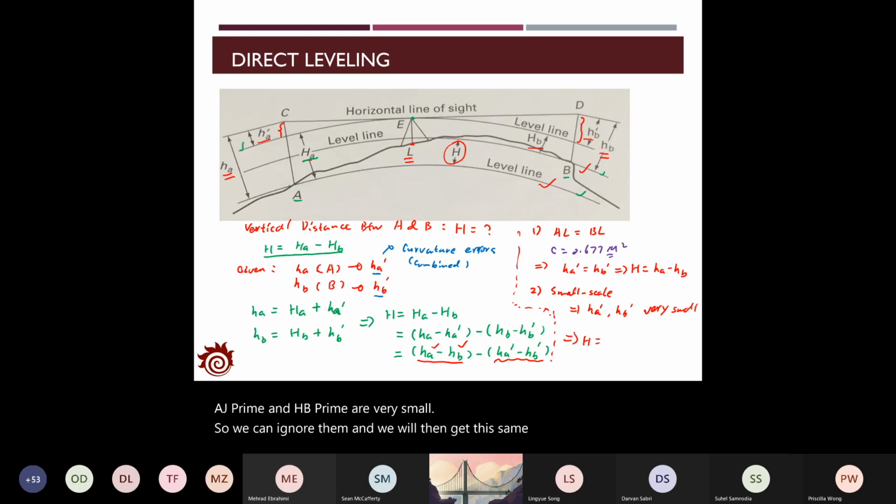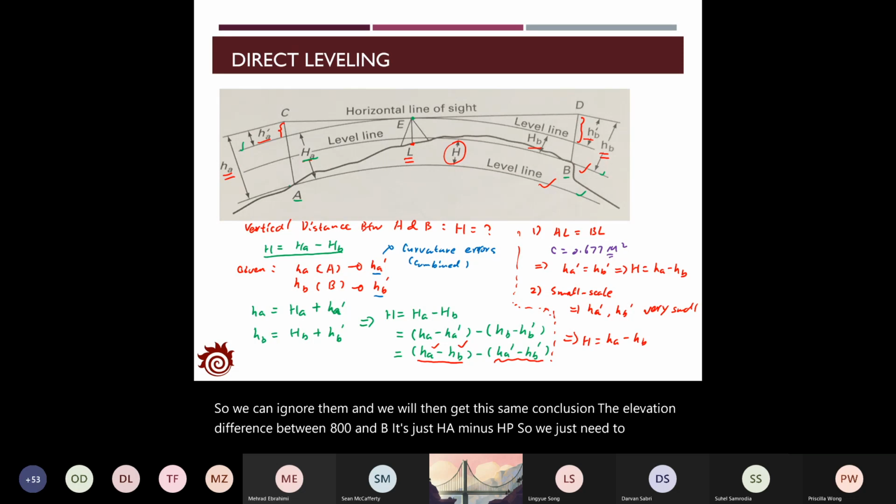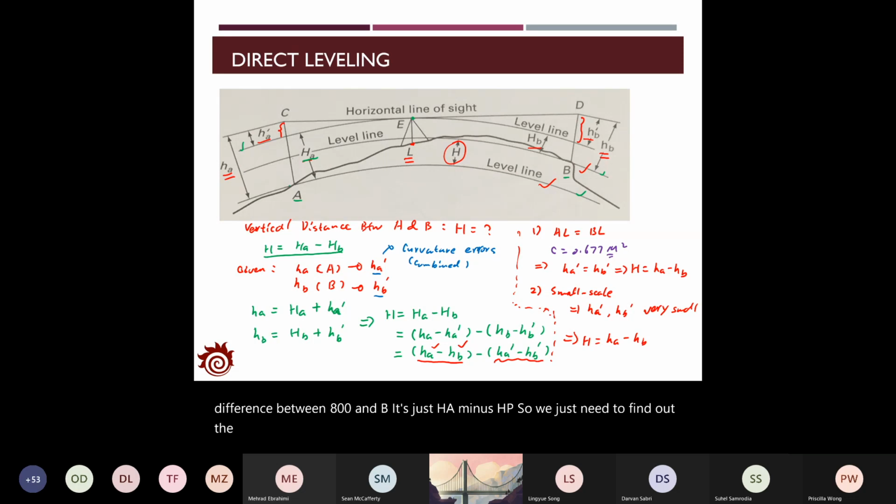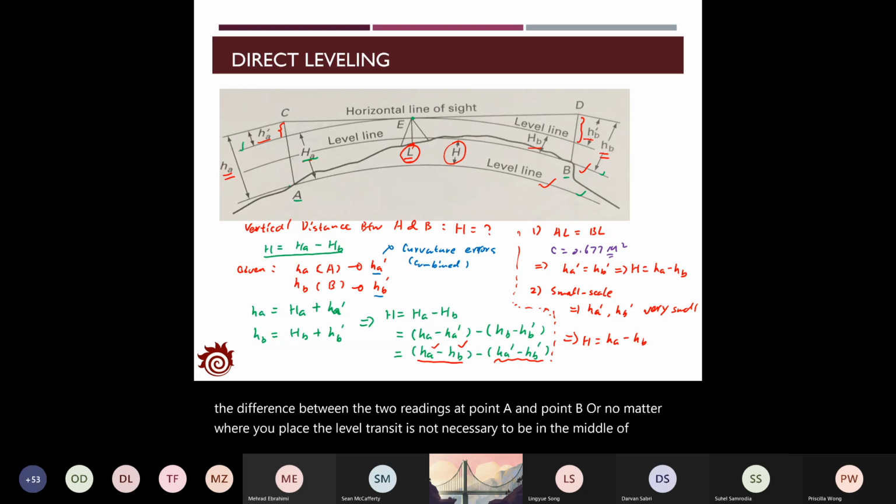The elevation difference between A and B is just ha minus hb. So you just need to find out the difference between the two readings at point A and point B, no matter where you place the level transit. It's not necessary to be in the middle of point A and point B if we are conducting small scale measurements. Then you can just use the difference between the two readings to find out the elevation difference between A and B. So this is called the direct leveling.